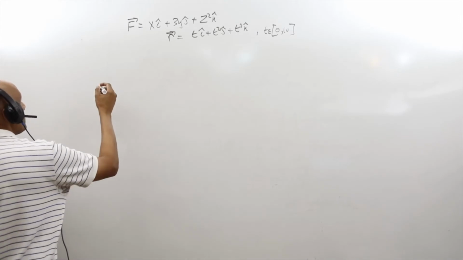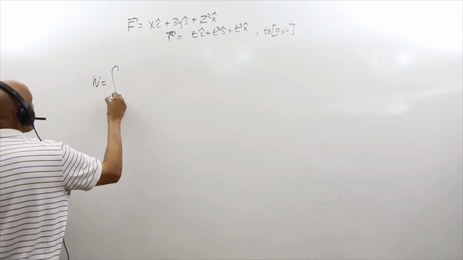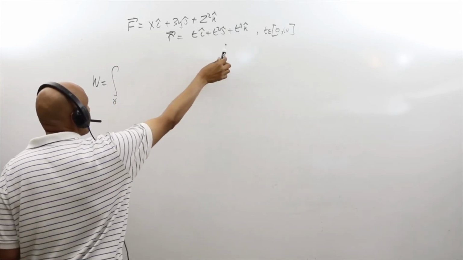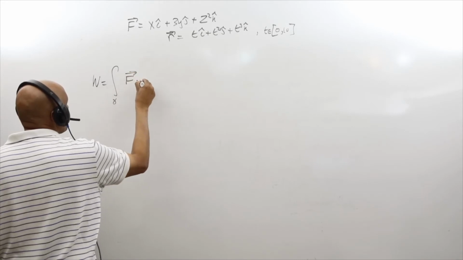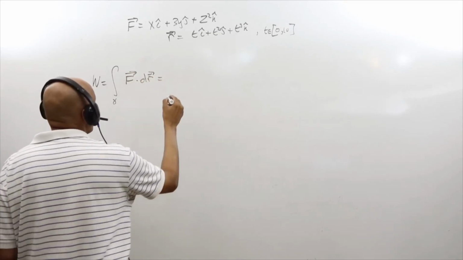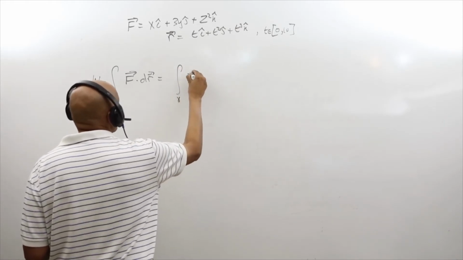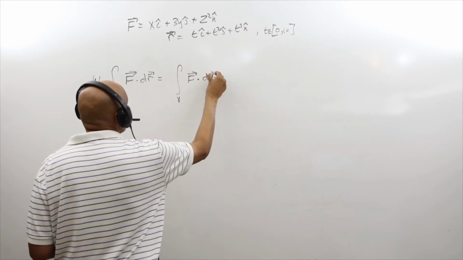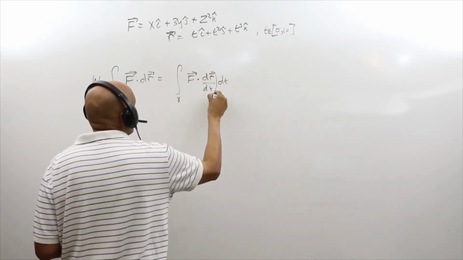So the key idea is that our definition of work along this path that goes from t equals 0 to 10 is equal to the integral of F dot dr. I'm now going to use the chain rule: I'm going to divide by dt and multiply by dt.